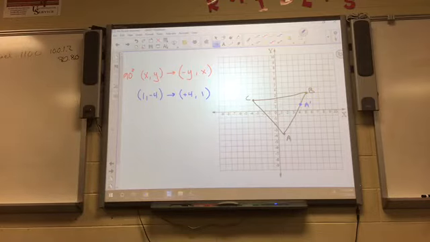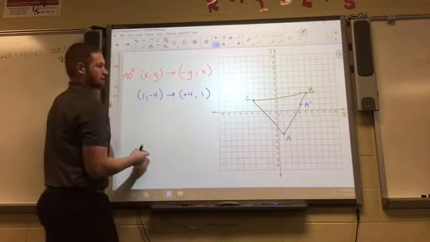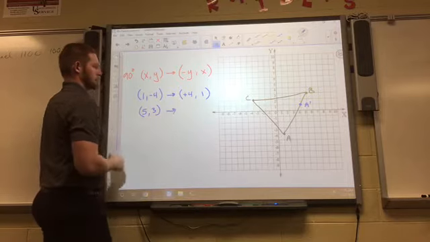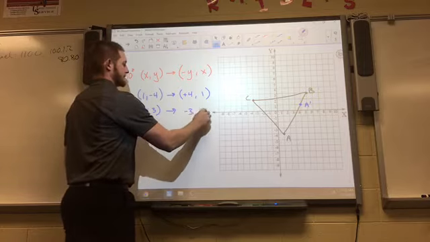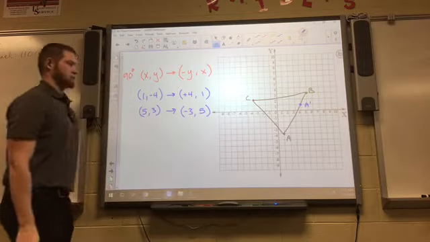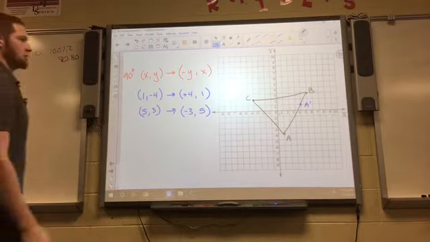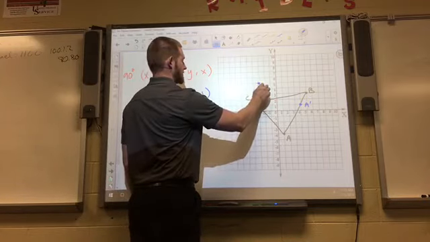Okay. For point B, it's currently at 5, 3. What would my new coordinate be then? Negative 3, 5. And Casey just went ahead and put that negative with it right away. Some of us might have flipped it first and then done the negative. So B prime should be at negative 3, 5.